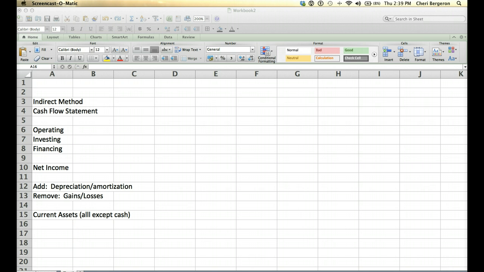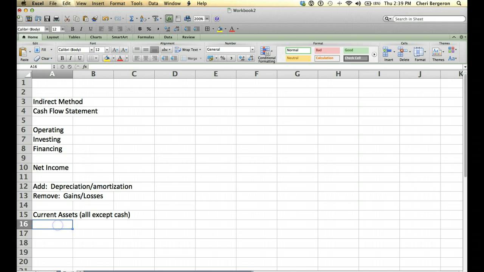Next, we're going to look at current assets, all except for cash. So what we're going to have here are your accounts receivable, supplies, inventory, and prepaid expenses. Those are your main current assets. You're going to look at the change in them, and then we're going to be able to apply a rule to that.